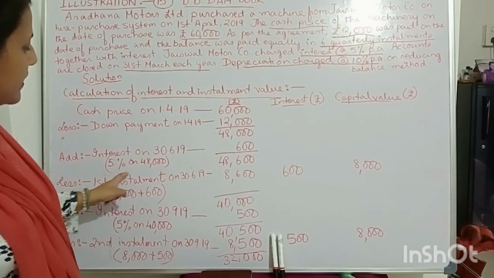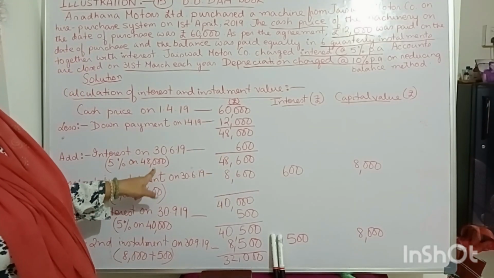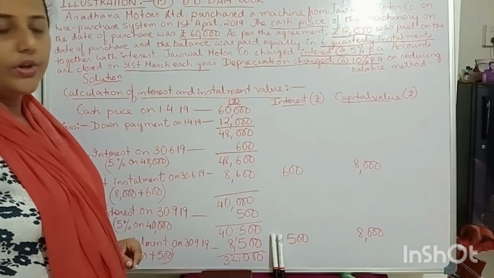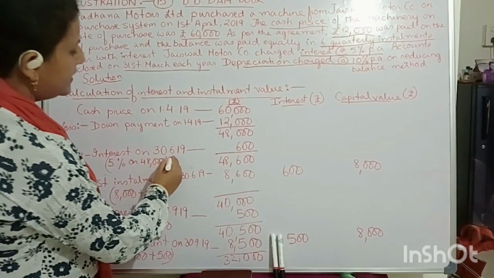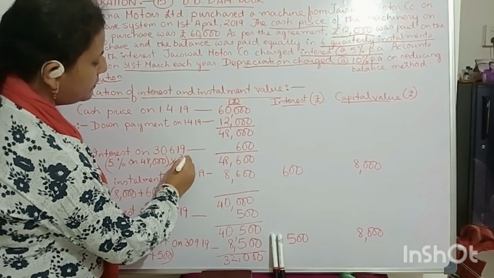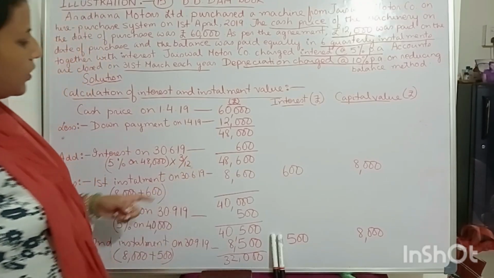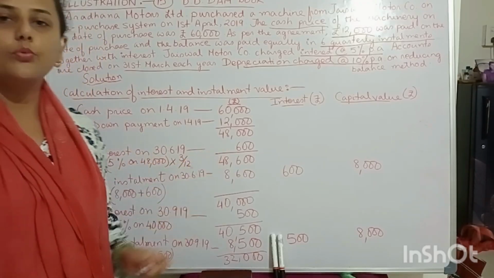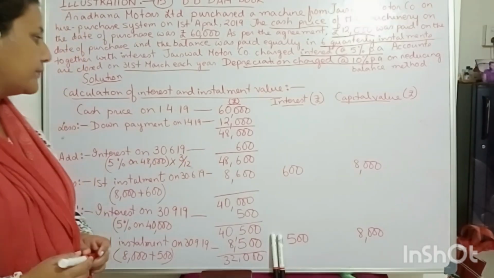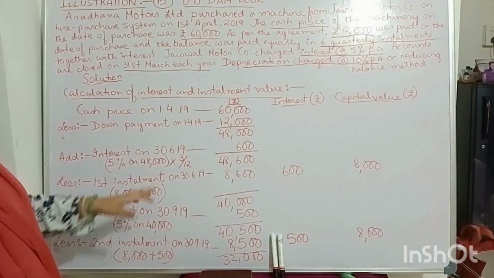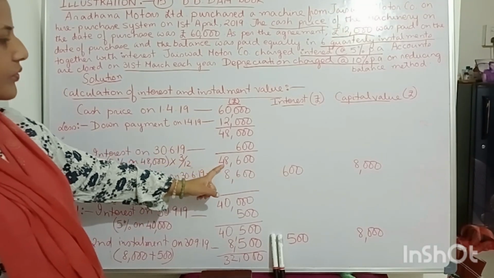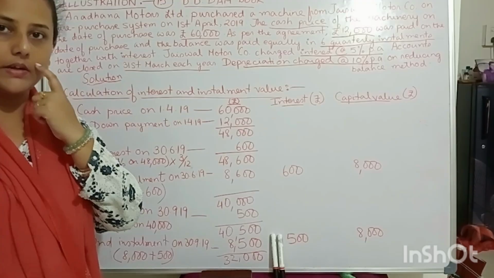So 5% on 48,000 multiplied by 3/12. When you calculate, you will get rupees 600. So 600 you have to add up, you get 48,600.